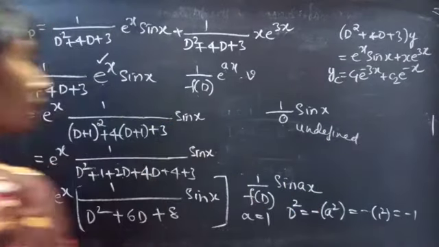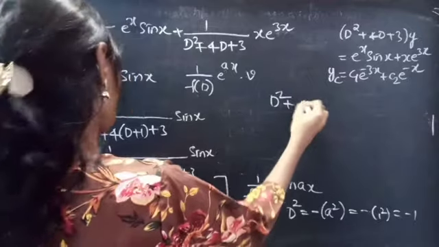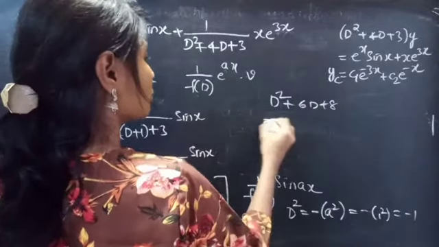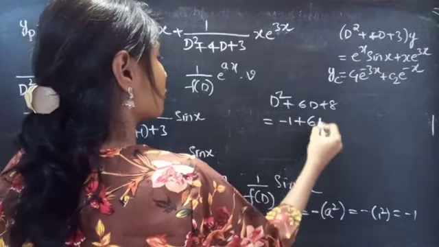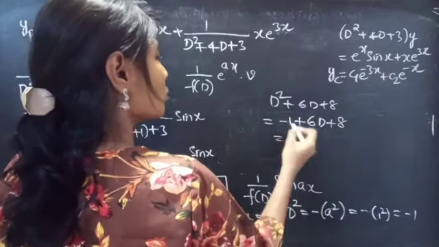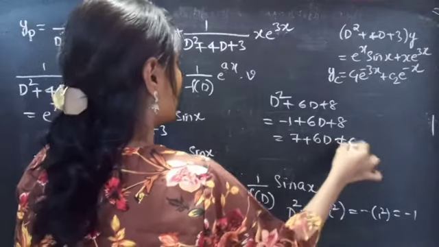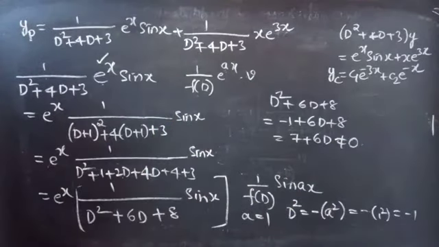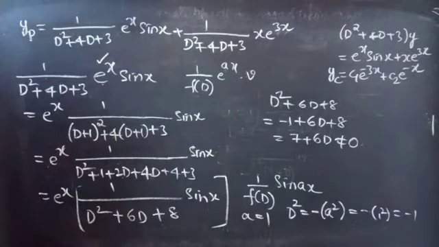So firstly, let's see what happens if we replace D square in the denominator. I'll just take the denominator part: D square plus 6D plus 8. Now I'll replace D square by minus 1, which equals minus 1 plus 8 is 7 plus 6D, which is non-zero, right? So we can replace D square by minus 1 here.